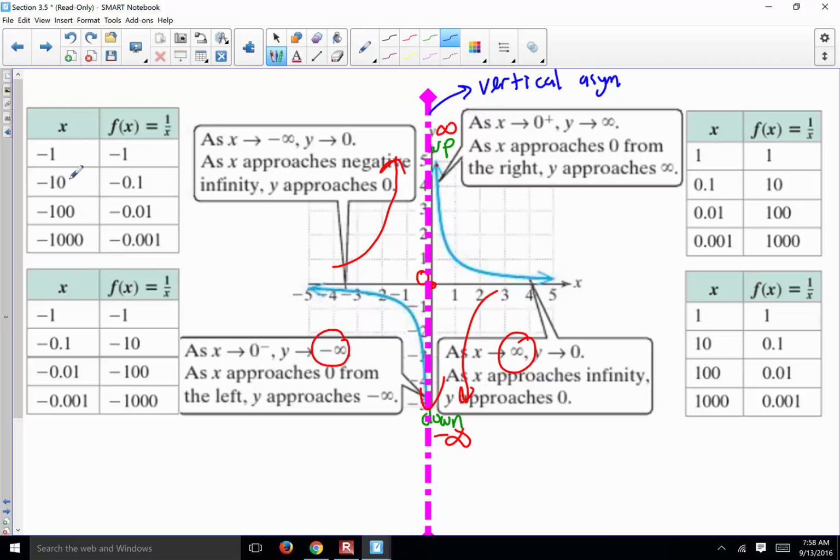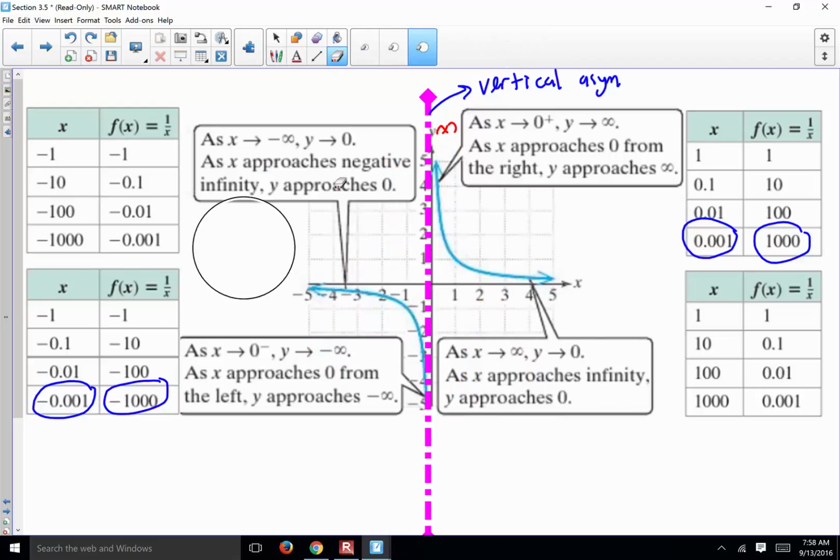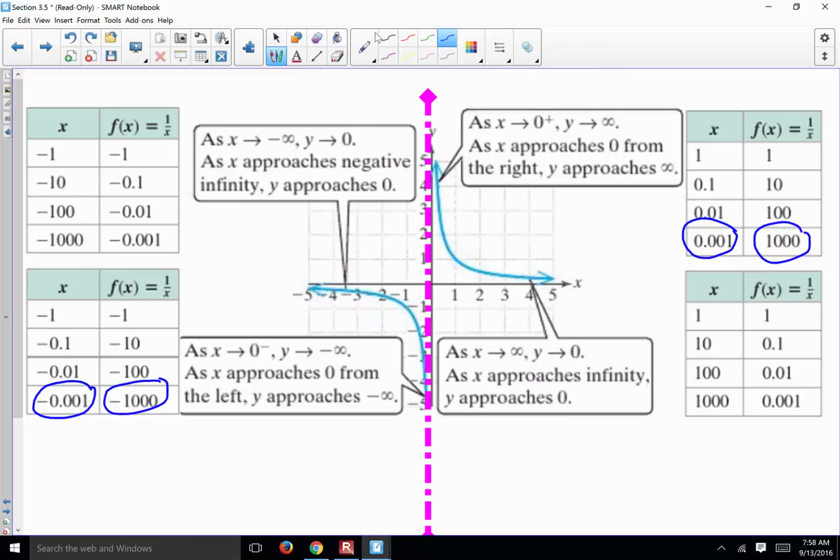Alright, here's the demonstration of why this is happening. Somebody took really close values to that number, like 0.01, and my function is growing huge. And if you're really close to 0 from the negative side, negative 0.01, your function is a huge value. Okay, and there is also some approaching going on at the far right and left ends.